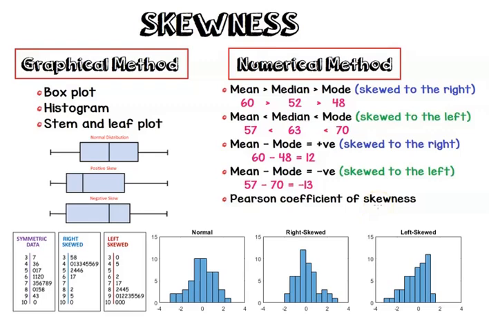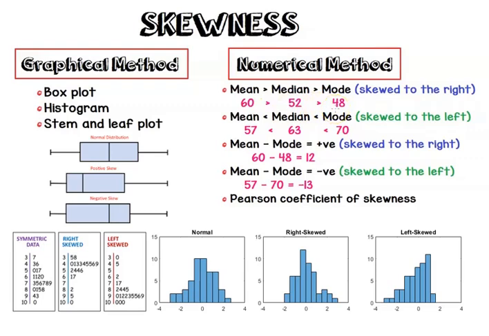For the method using measures of central tendency, for example here, if we do comparison for these three values, if value mean is more than median and median is more than mode, we can conclude that the distribution is skewed to the right. So for example here, 60 is more than 52 and 52 is also more than 48.